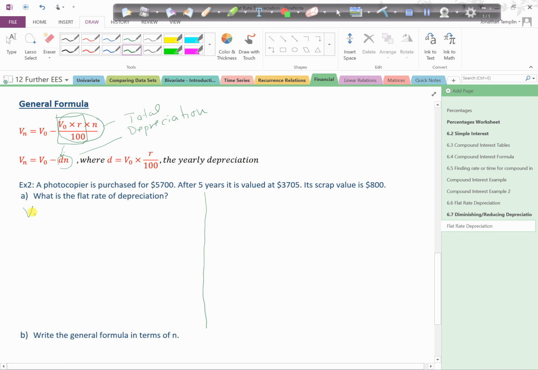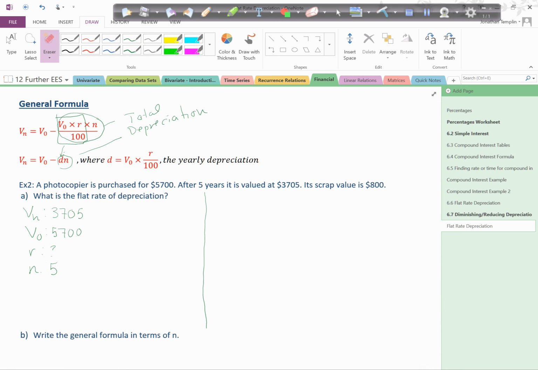As always, I say, write out the variables and fill in what you know. Well, I know what Vn is. It's valued at $3,705. It started at $5,700. I don't know the percent it was losing per year, but I know it happened over 5 years.